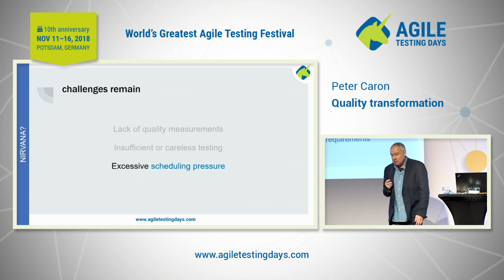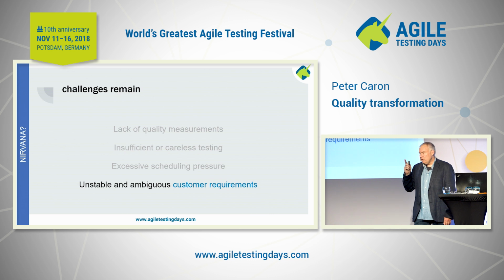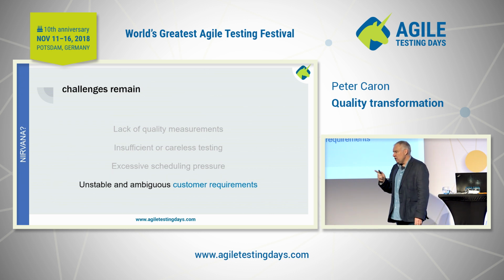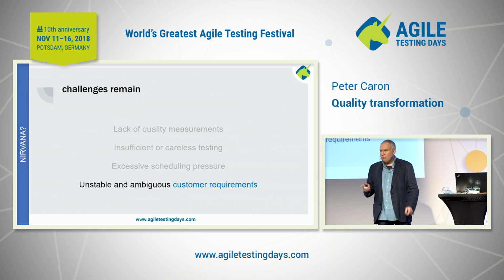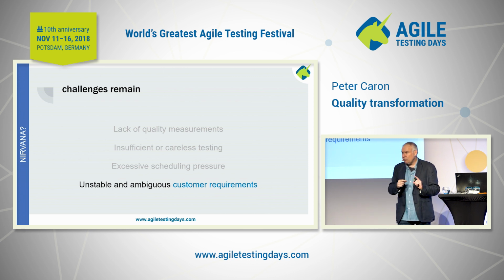Finally, we have this bear bug, unstable and ambiguous customer requirements. I would argue that in that one, in the majority of cases, the problem comes from that artificial split between product and the software development lifecycle. We're doing a great job of getting that software development lifecycle out fast.